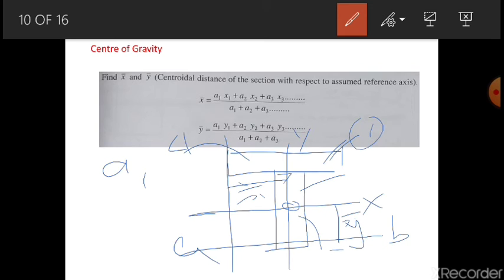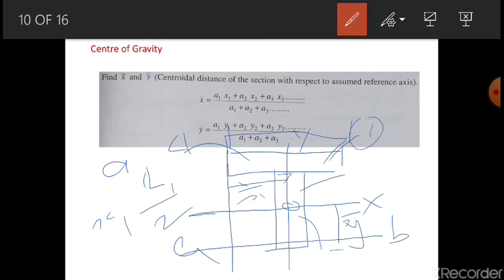You have to calculate this x distance from the half of the distance of that body. If you want to calculate x1, take the total length of this first body divided by 2. If it is L1, then L1 by 2 will give you x1.